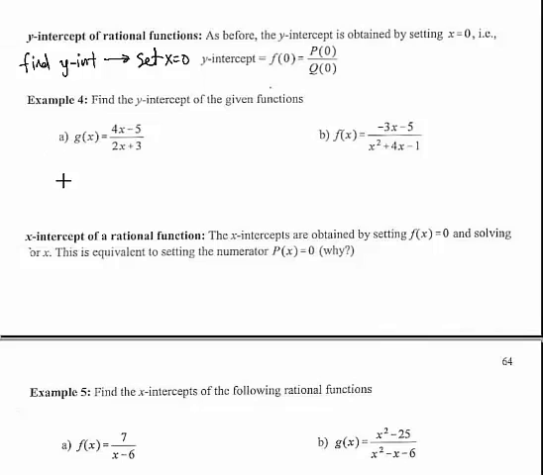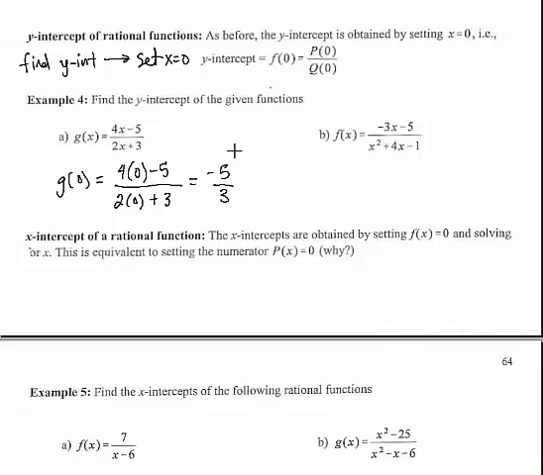So let's work some examples. Find the y-intercepts of the following functions, g and f. So I write g of 0. On the top, that gives me 4 times 0 minus 5, and 2 times 0 plus 3 on the bottom.